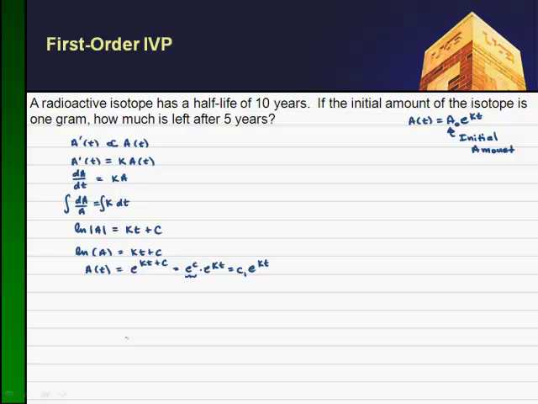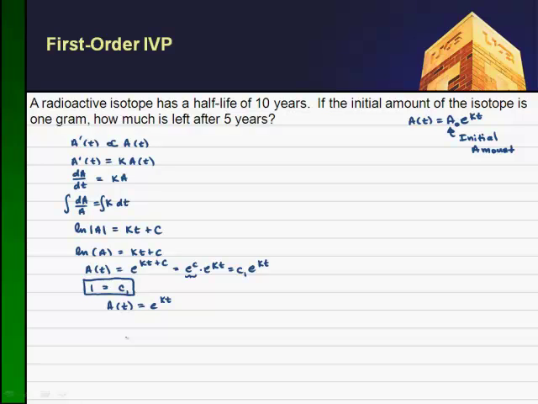So if I apply that initial condition, I have 1 gram is equal to C1 e to the 0, which is just 1. So C1 is equal to 1, which is my initial amount. I very well could have written A equals A naught e to the kt. Anyway, my model now becomes A of t equals e to the kt.